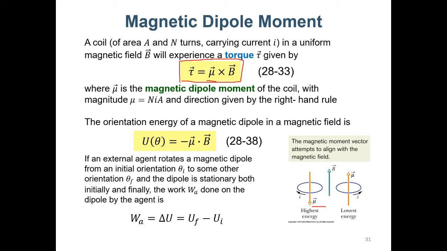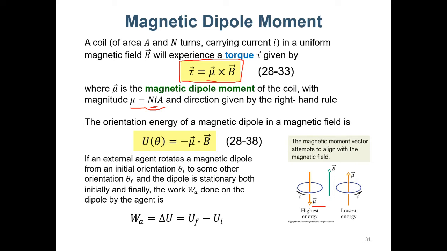Yeah, for the coil, mu is NIA, which is the current times the area and times the number of coils. For a single coil, you may consider the magnetic dipole moment is the current times the area of the loop. Which means that the larger the area, the larger the magnetic dipole moment.